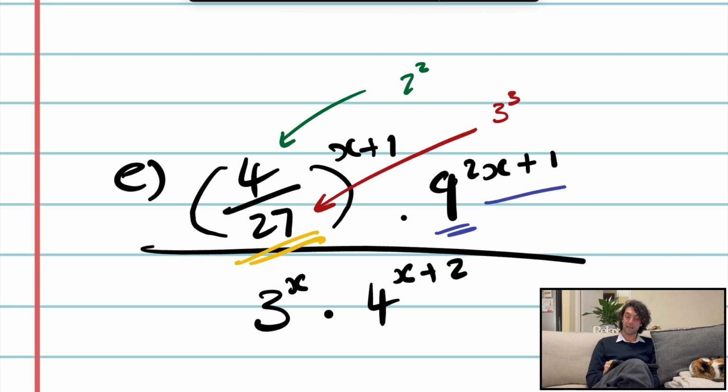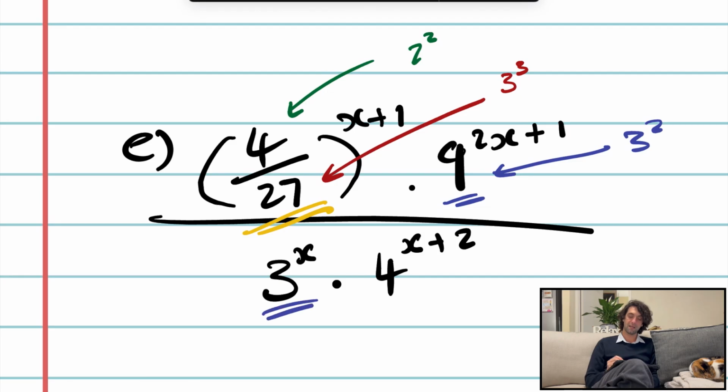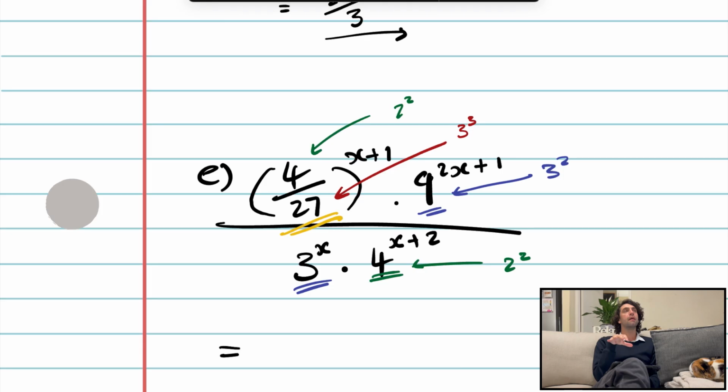I have a 9. I know that's 3 squared. I have this 3 over here, which can remain the same. And I have this 4 over here, which can become 2 squared. So I can technically manipulate this expression in such a way that I have all of my bases in terms of 2 different prime numbers, being the number 2 and the number 3.